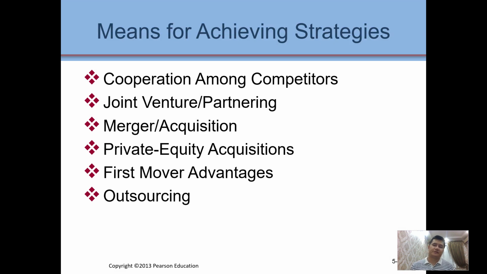So, the means for achieving strategies are cooperation among competitors, joint venture, partnering, merger and acquisition, private equity acquisition, first mover advantage, and outsourcing.